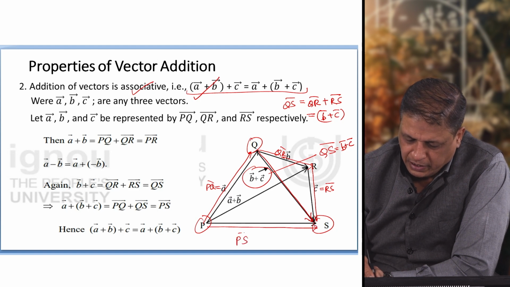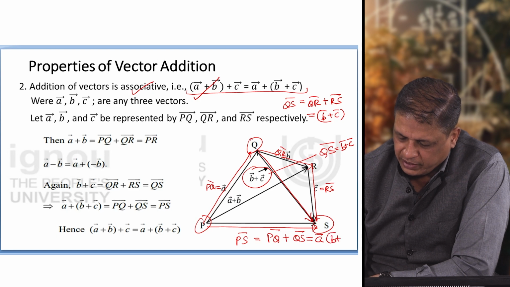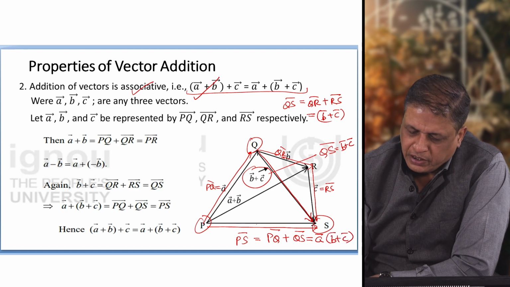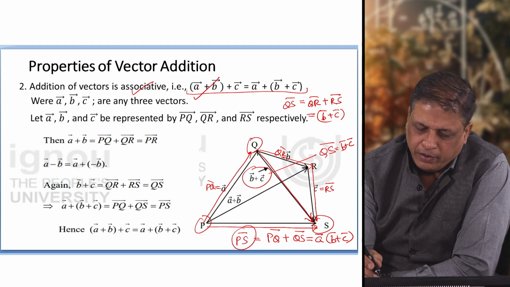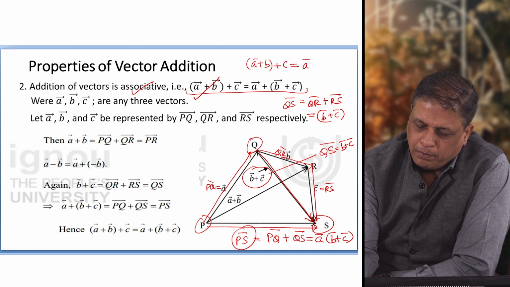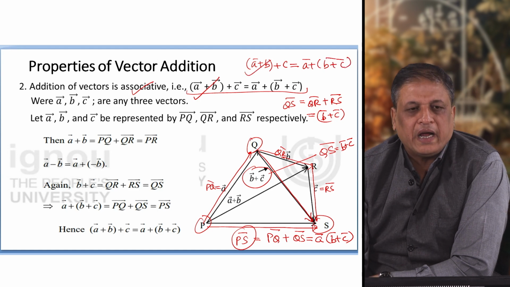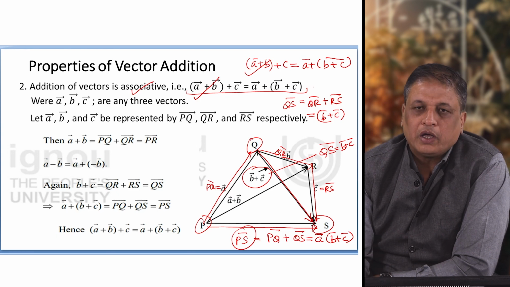So PS is equal to PQ plus QS, where PQ is vector A and QS is vector B plus vector C. In both cases we have PS as the final solution: on the left hand side we got (A + B) + C, and while evaluating the right hand side we got A + (B + C), which shows that vectors are associative in nature, that is (A + B) + C is equal to A + (B + C).